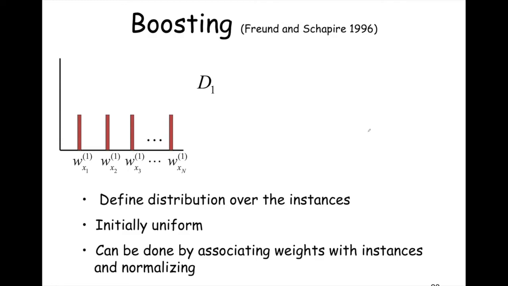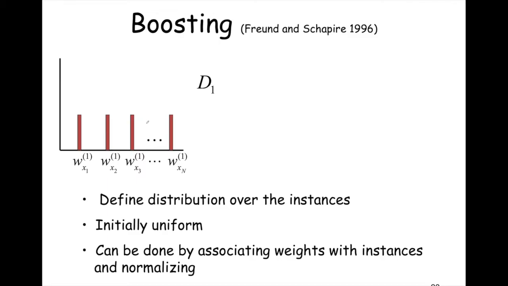Boosting is a little different, and boosting was introduced by Freund and Schapire in 1996. You start out with a set of weights you associate with each one of the input data points. So here we have x1 through xn, the data points in your in-sample data. You notice the weights are the same, and you compute a distribution from that, so it's initially uniform.